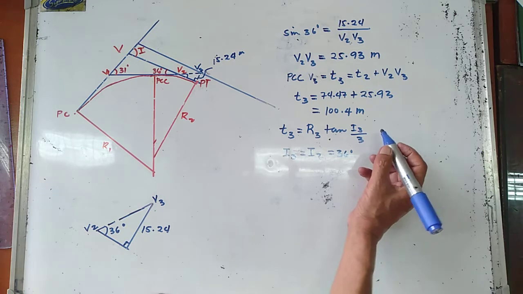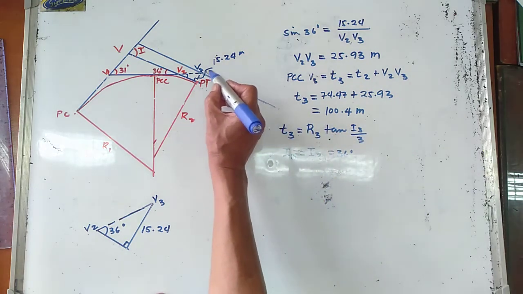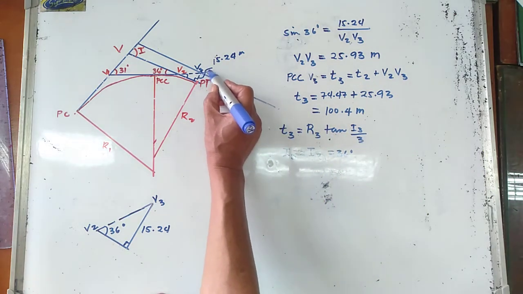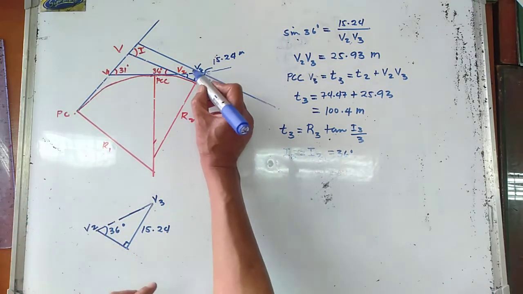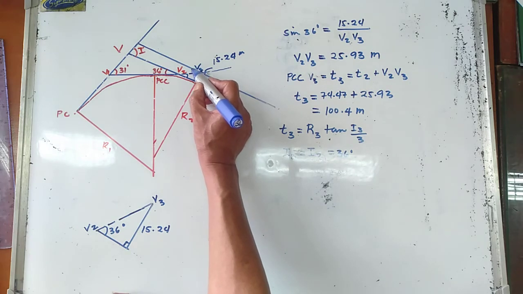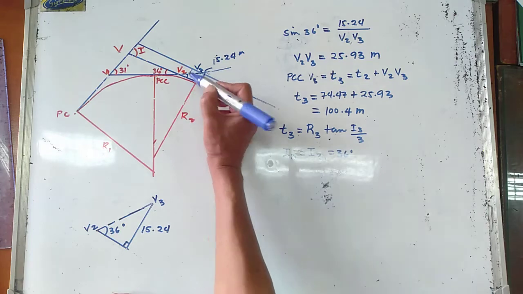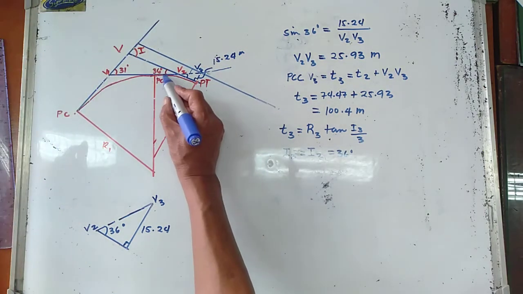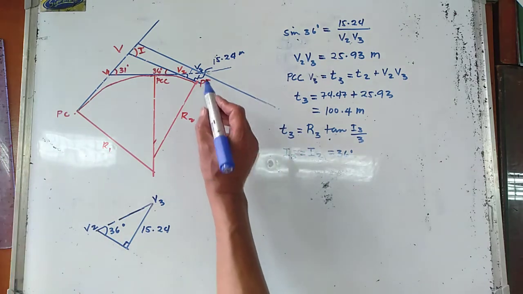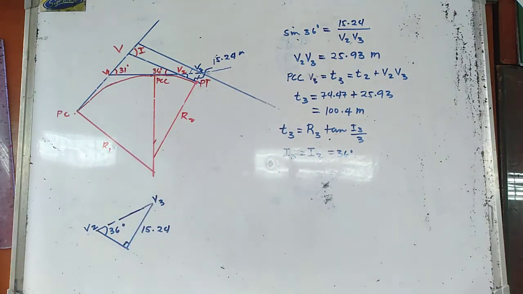So you try to take note, if you try to prolong that angle in here, this is your I3, which is the same. This is parallel to that, and this is on the same line, and that is equal to 36 degrees.